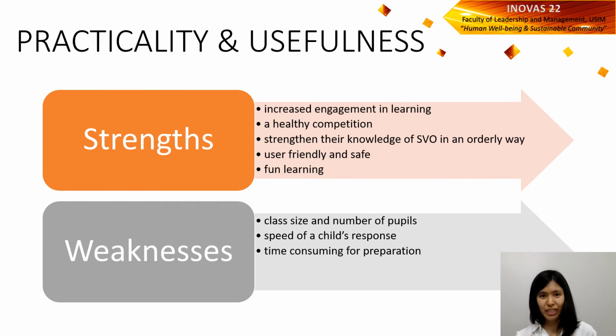Second, the speed of a child's response is different from one another, so those pupils who need longer time to grasp the SVO concept might be frustrated. So teachers have to take note of this. And to play this card game, teachers need to spend some time to set up before playing the game, so it can be time consuming.